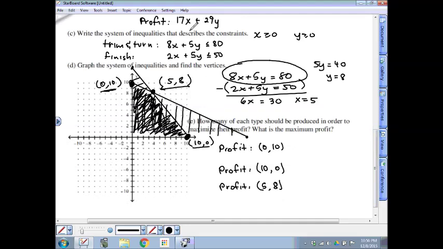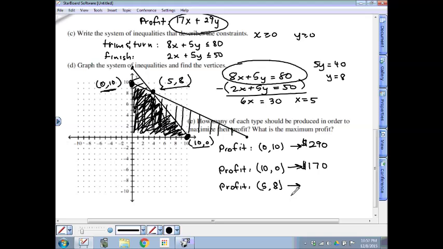So if you plug each of these values into the objective function here, 17 times 0 is 0, 29 times 10 is 290, so you get a profit of $290. If you use this one, 10 times 17 is 170, 170 plus 29 times 0 is $170.